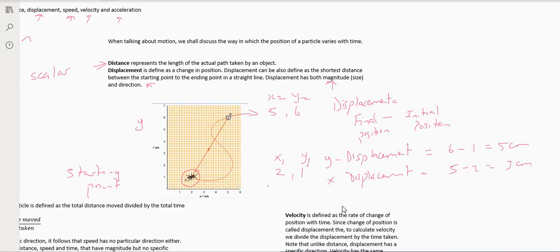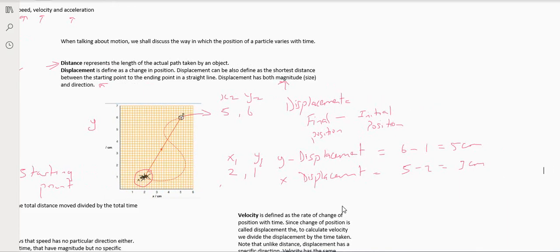So we would use the Pythagoras theorem, because what this is telling us is that the change in position for the vertical axis is 5. From 1 where he started to 6, that difference would be 5.